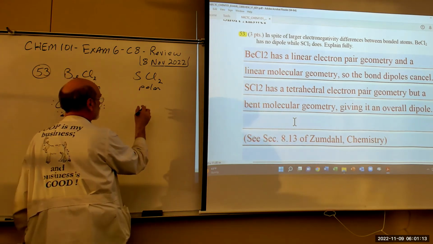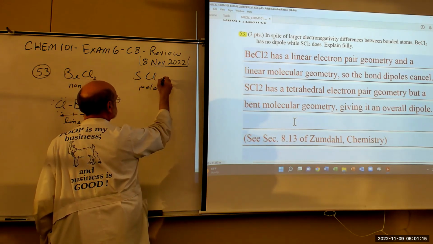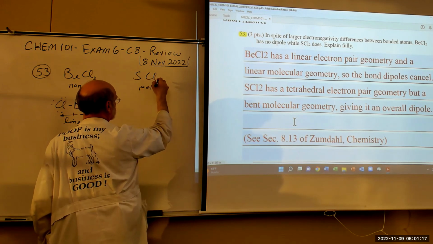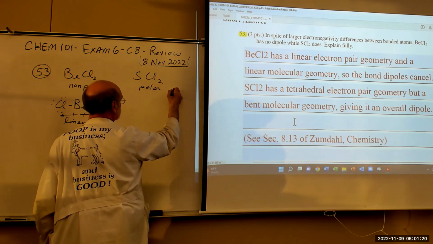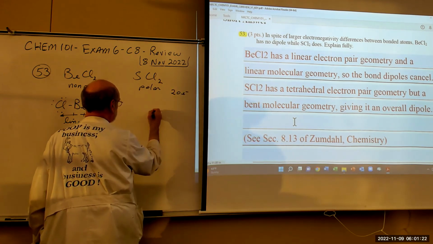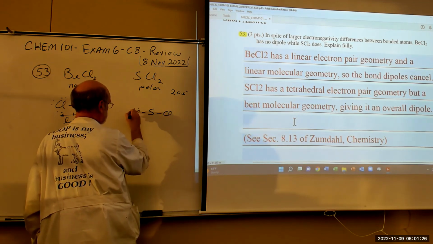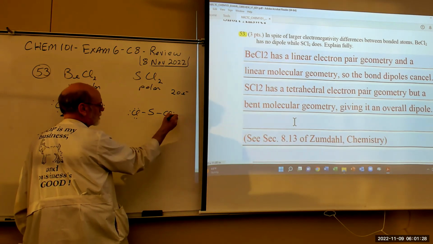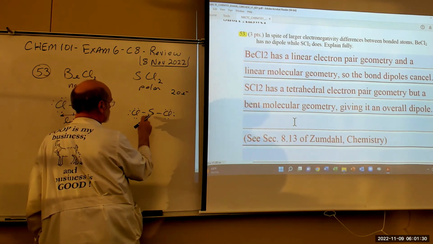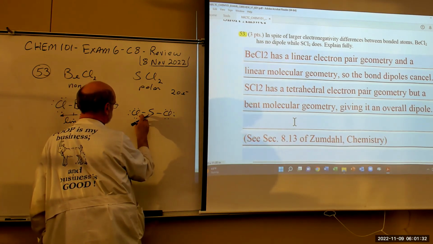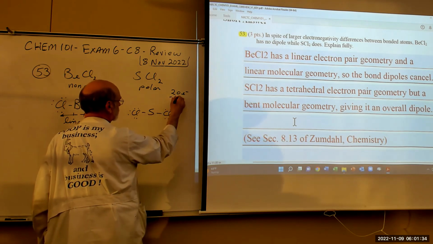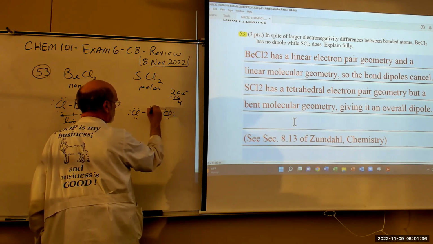Whereas this one has, let's see, 14 plus 6 is 20 electrons. Sulfur, chlorine. So that's 2, 4, 6, 8, 16. 4 electrons.